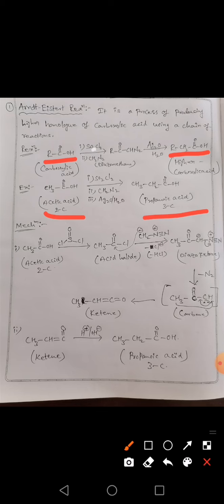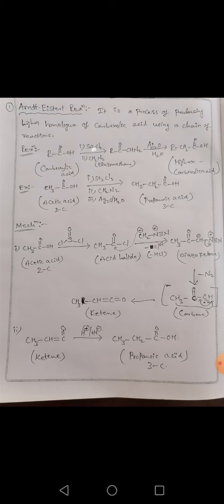Again I am repeating these things. The Arndt-Eistert reaction is a process of producing a higher homolog of a carboxylic acid using a chain of reactions, which simply converts lower carboxylic acids to higher carboxylic acids. It involves 3 different reactions. First, carboxylic acid reacts with thionyl chloride, followed by the reaction with diazomethane, which results in a diazoketone.